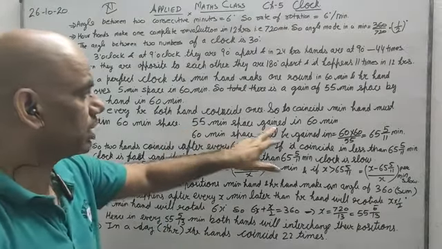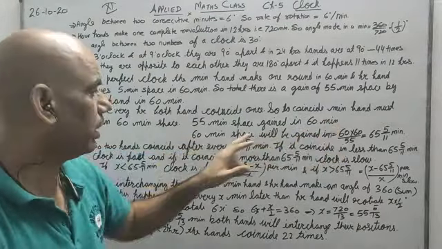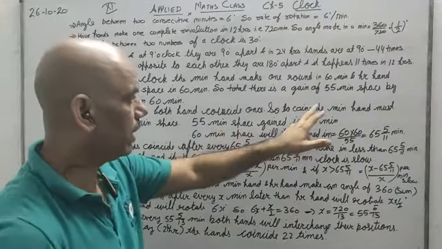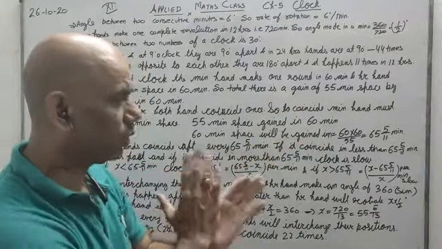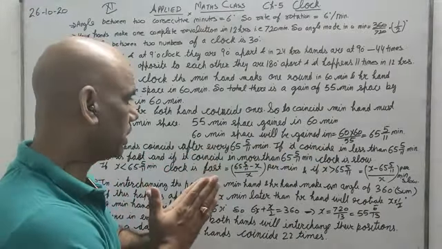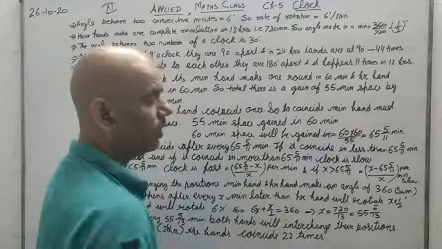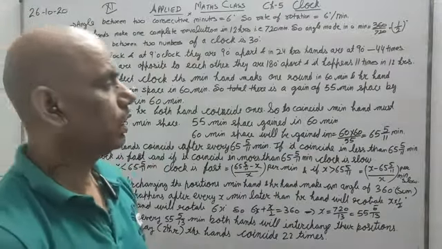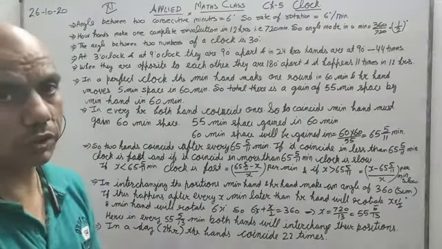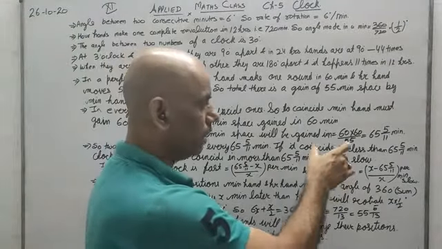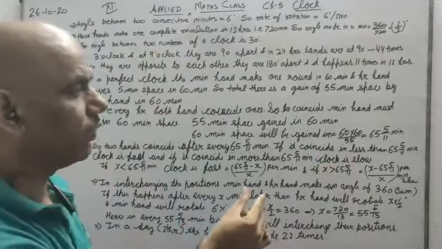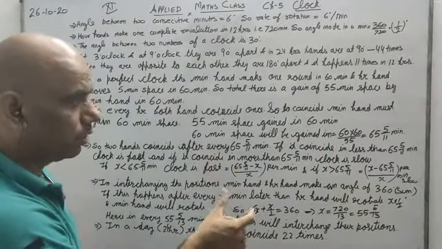So 55-minute space is gained in 60 minutes. So 1 minute space will be gained in 60 upon 55 minutes, and for coinciding they should cover a distance of 60 minutes. So 60-minute space will be gained in 60 into 60 by 55, and this way we will come to know in how much time the two hands will cover the distance.